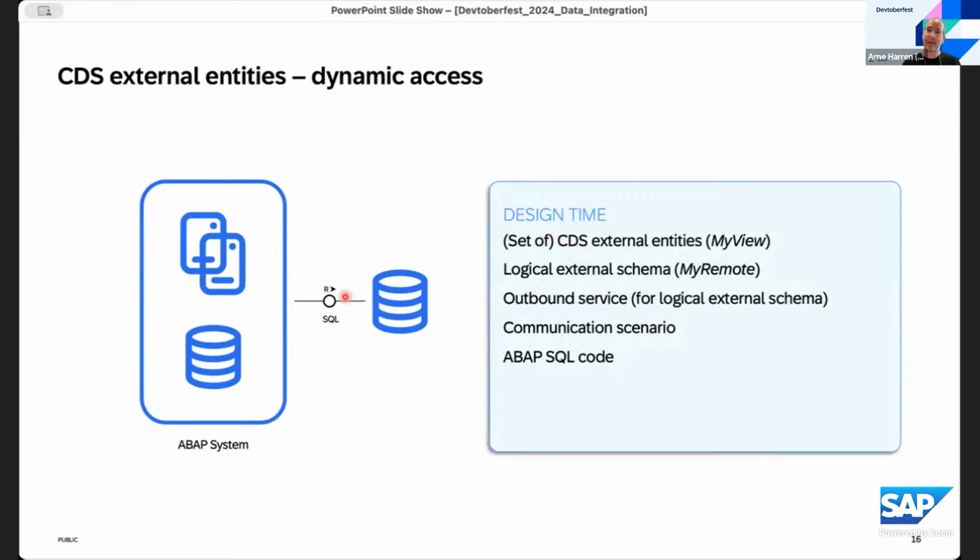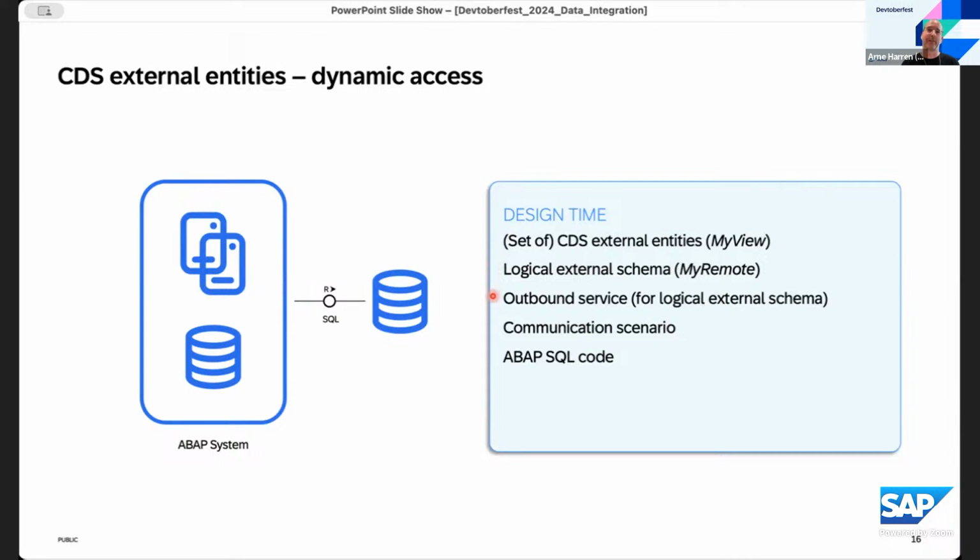From the design time, we have different artifacts. So you can define CDS external entities. So in my query example, the my view was the CDS external entity. And you need to at least define one remote definition, which is based on a logical external schema, and that was the my remote name in my example. And then we need also to create some artifacts for the communication setup.